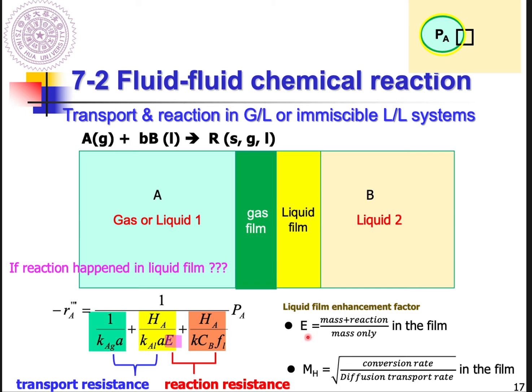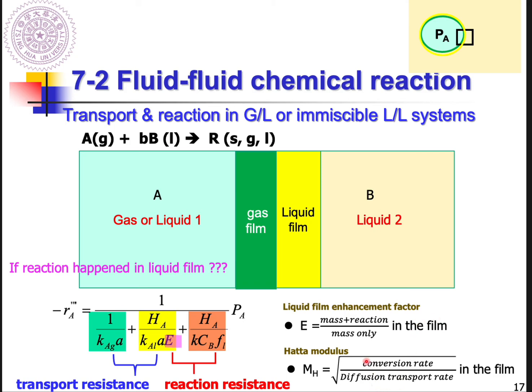This is E. The liquid film enhancement factor describes how much A is consumed for chemical reactions in the film layer. Besides E, we also want to introduce another very famous term we call the Hatta modulus, MH.